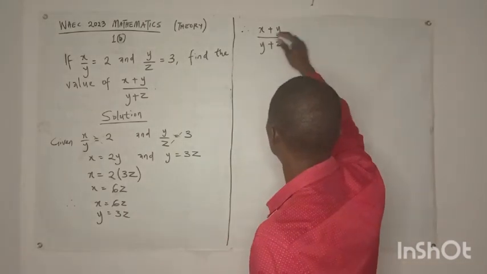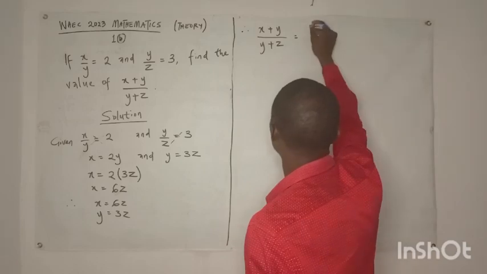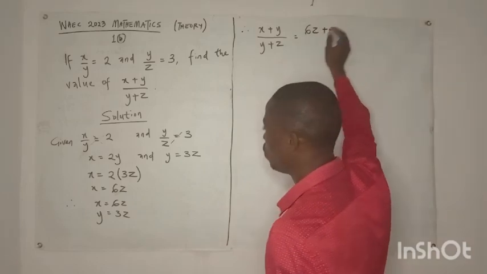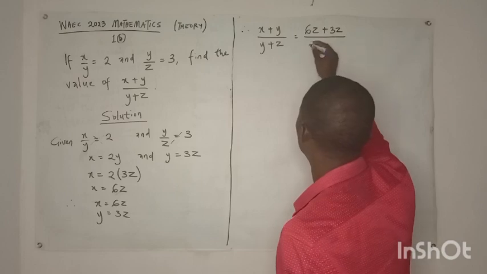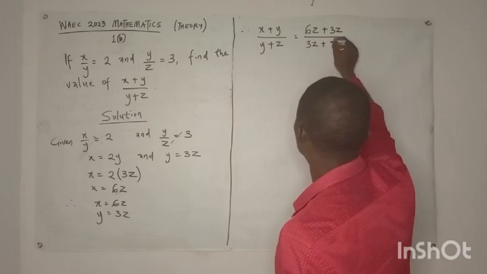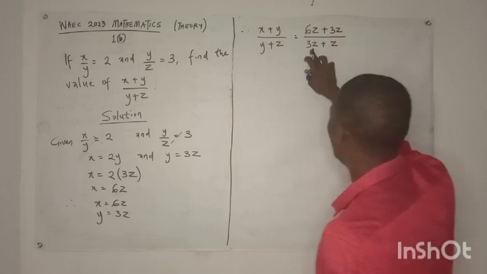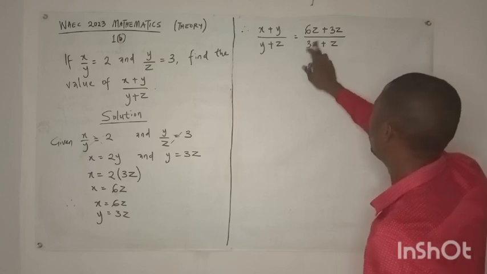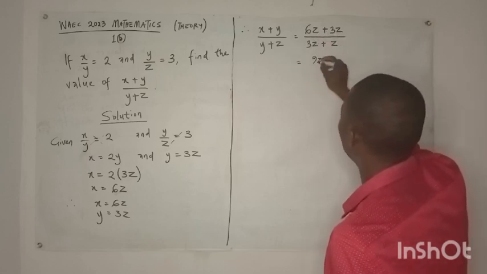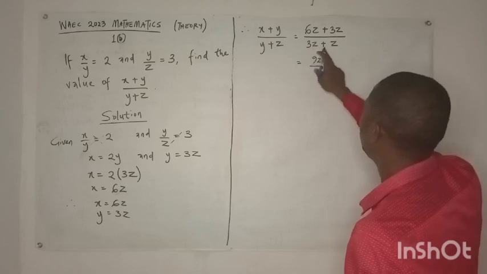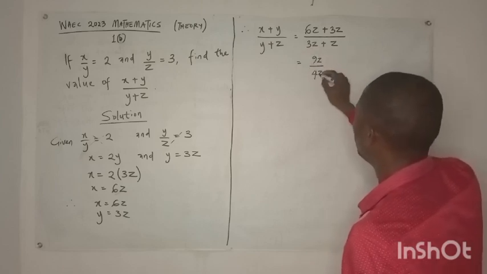So we have 6z plus 3z all over 3z plus z. This is x plus y all over y plus z. This will give us 6z plus 3z, which is 9z, all over 3z plus z, which is 4z.